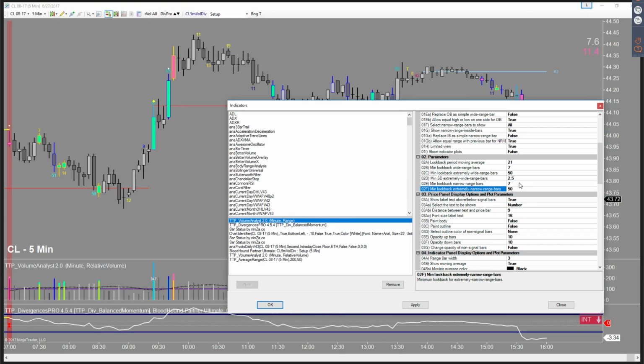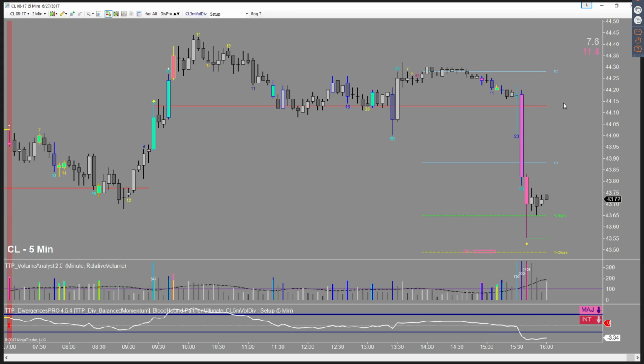So what this is looking for is it's trying to identify all of those bars that have a wider range than the past 7 bars, or a wider range in this case than the past 50 bars, and it'll go up to 99. So when you have a bar that is exceptionally wide ranging, of course you can access all of these inside a BloodHound or a strategy or whatever.